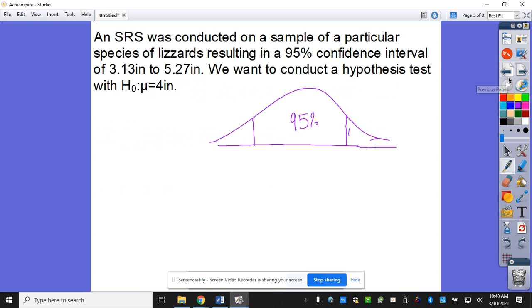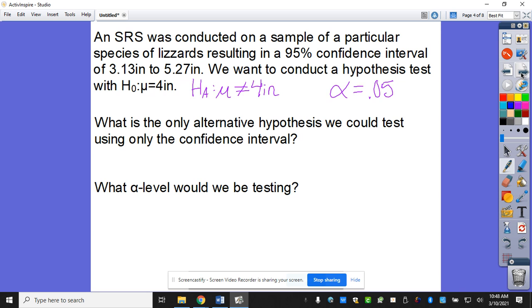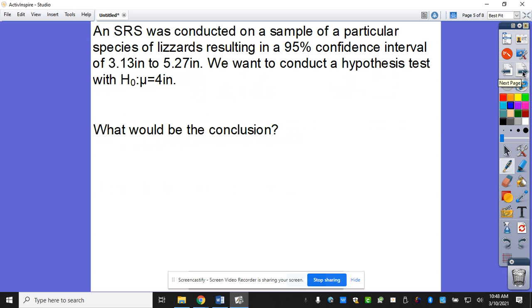from this interval, this is 3.13. This is 5.27. Where would 4 fall? Somewhere between them. This is our hypothesized value. So we are just writing a conclusion.